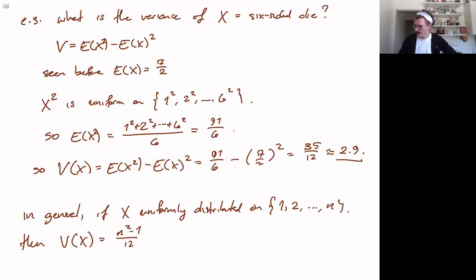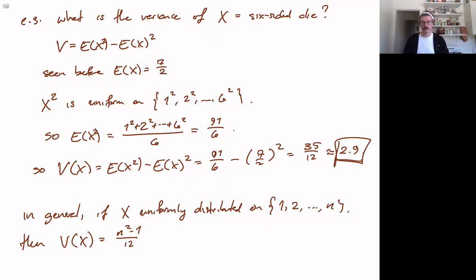As we saw in this case, when x is uniformly distributed on 1 through 6, so n equals 6, this is indeed n squared minus 1 over 12. So that checks out. And what this is telling us is that the fact that the radius here is about the same as the variance is kind of a coincidence in this case.